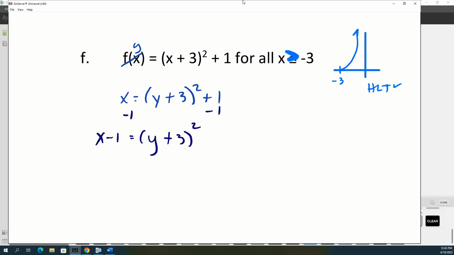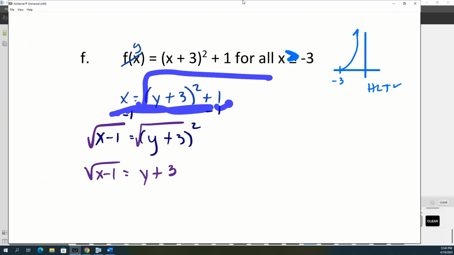Now that 3 is trapped. We can't do anything with the 3, but we can get rid of a square by taking the square root of both sides. Now normally, if you do the square root of both sides up at this step, you would have to do the square root, and that 1 is going to be trapped. Why square root it?